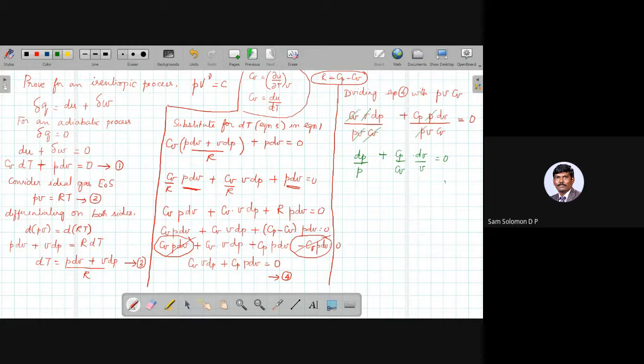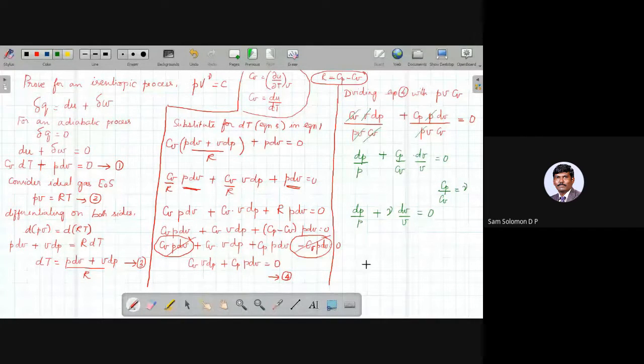We have seen Cp by Cv is the specific heat ratio, which is gamma. So what you have here is dP by P plus gamma times dV by V, which is equal to 0.